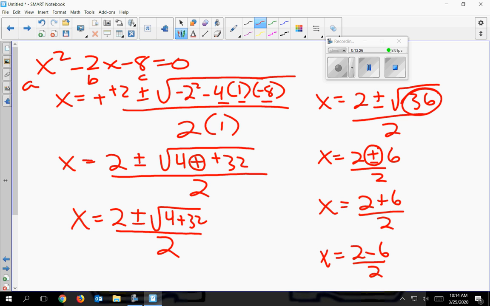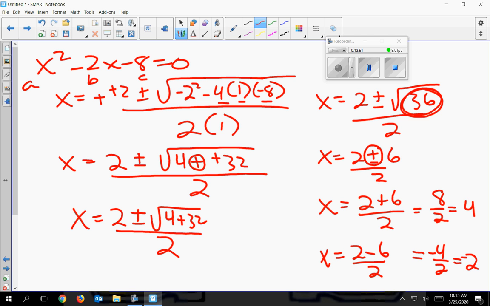That tells me, if I remember our little rule, if it's positive in there, I get 2 answers. Here's where the 2 answers come from. So 2 plus 6 is 8 over 2, which gets me 4. 2 minus 6 gets me a negative 4 over 2, which is negative 2.